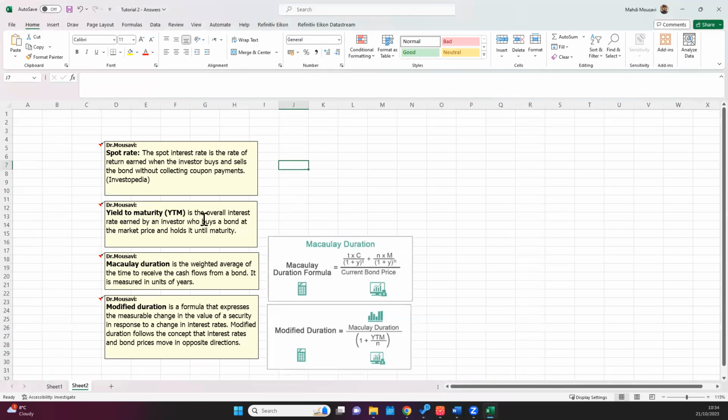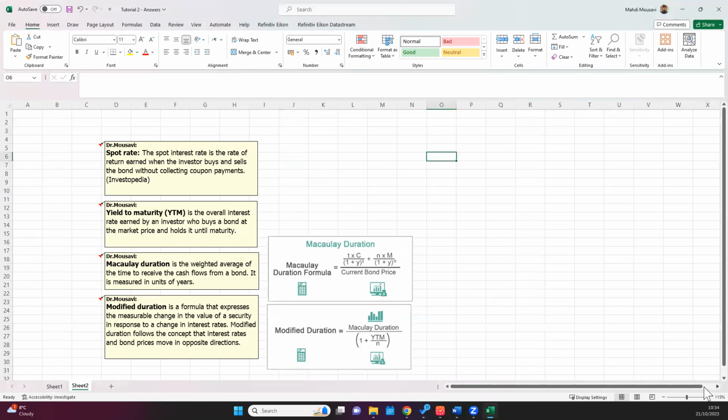Yield to maturity is the overall interest rate earned by an investor who buys a bond at the market price and holds it until maturity. Basically, if you buy a bond and keep it until maturity, that's the overall interest rate you would earn.